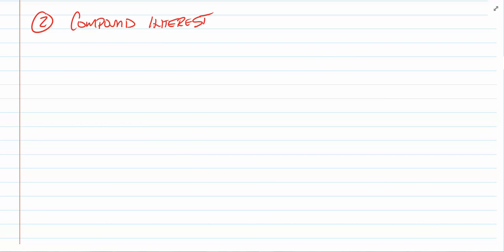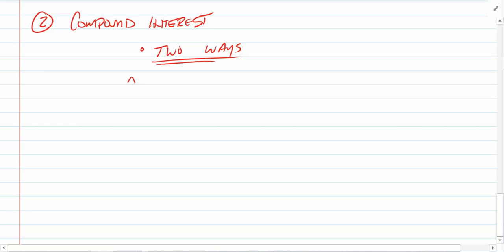Okay, so the second type of interest is called compound interest, and it can happen in 2 ways. The first way, A, is it can happen in stages. And what I mean by that, it can happen 1 time a year. It can happen 2 times a year.